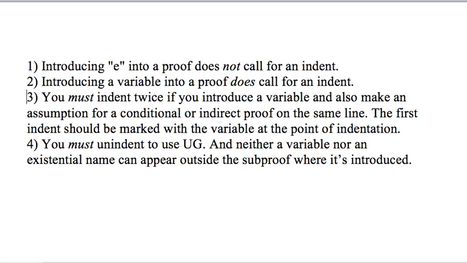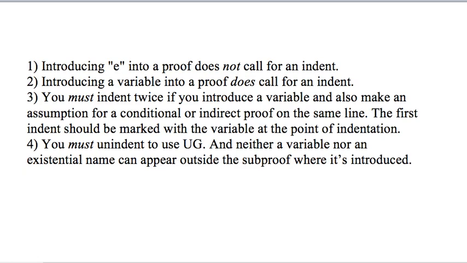And one way to do that is to declare the variable by writing an x indented and then indent again and assume fx. But you have to do both of those indents. So when you use that trick of declaring the variable, make sure that you have an indent for the variable declaration, and then if you go on to make an assumption, you have a further indent for that. So two indents on one line.